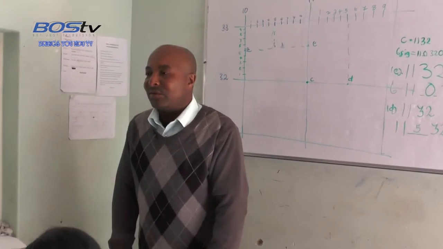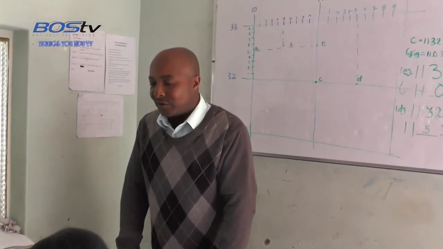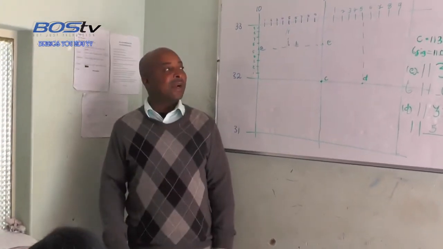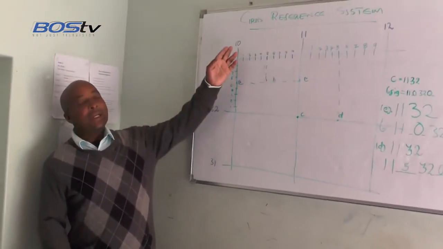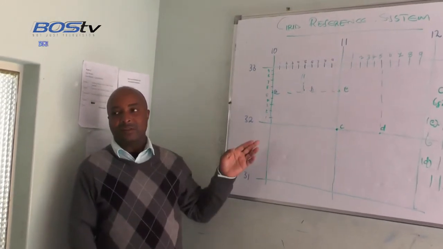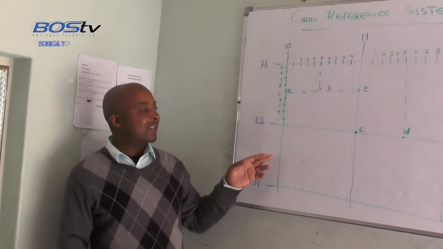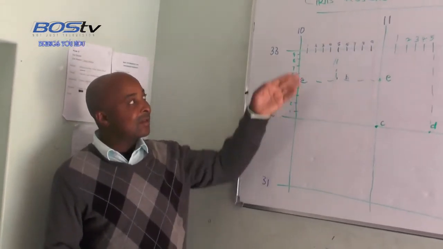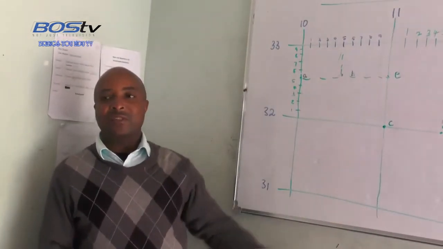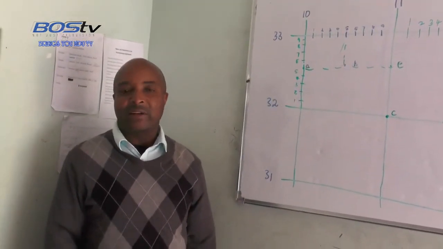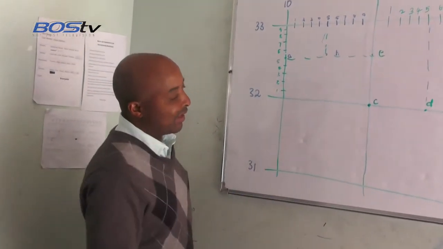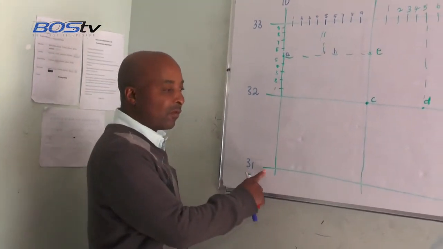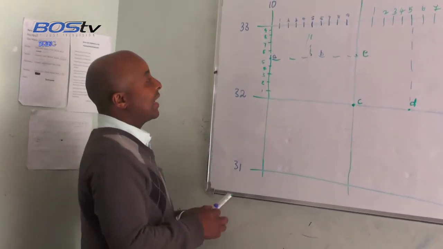I want to say, from the look of things, we only had one hiccup when people were confusing Eastings and Northings, isn't it? Perhaps I should emphasize that when you are looking at Eastings, make sure you are considering those vertical lines. Then when you are considering Northings, you are just looking at these horizontal lines that are numbered.